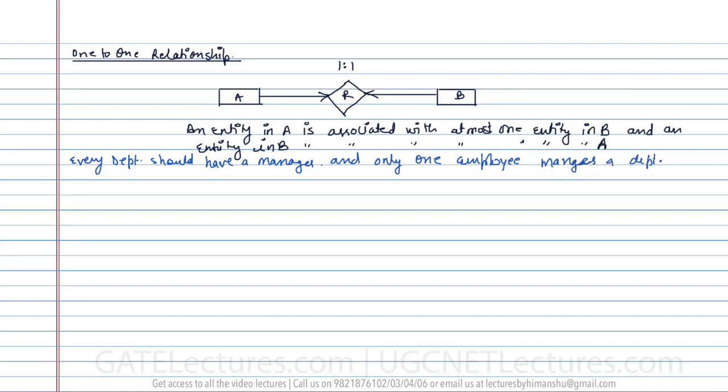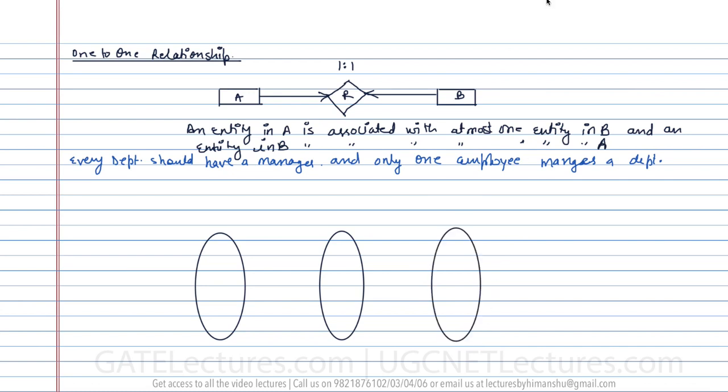So managers are also employees. You can denote it like this. This is representing the first set, which is the employee. This is representing the relationship, which is here manages, and this is representing the departments.